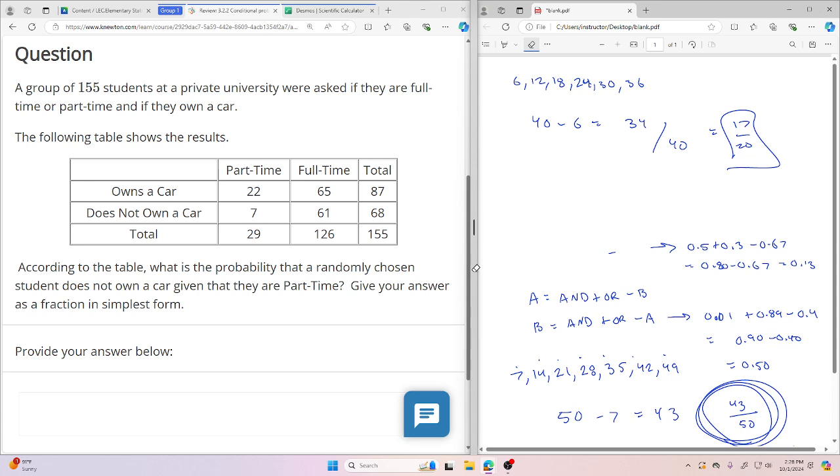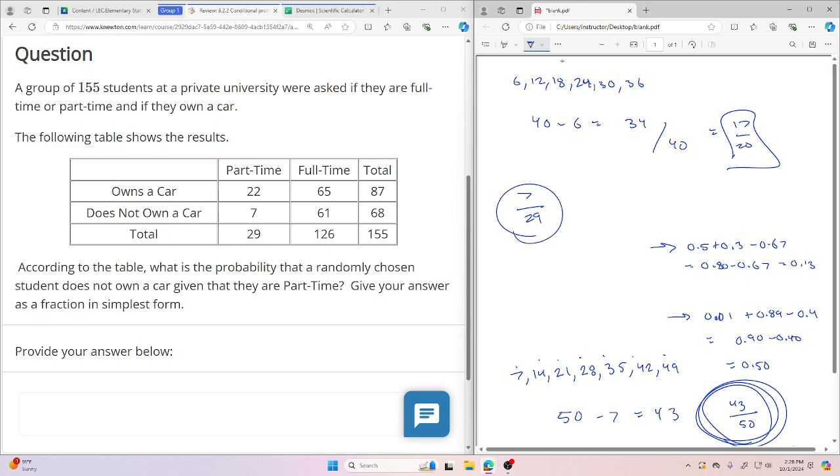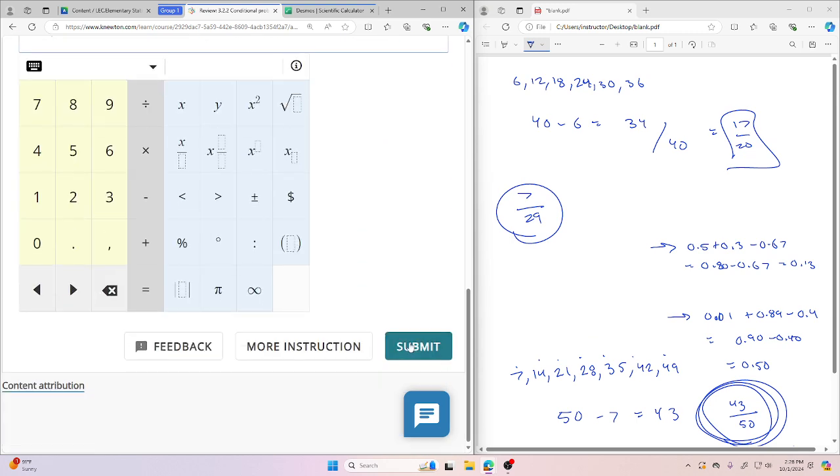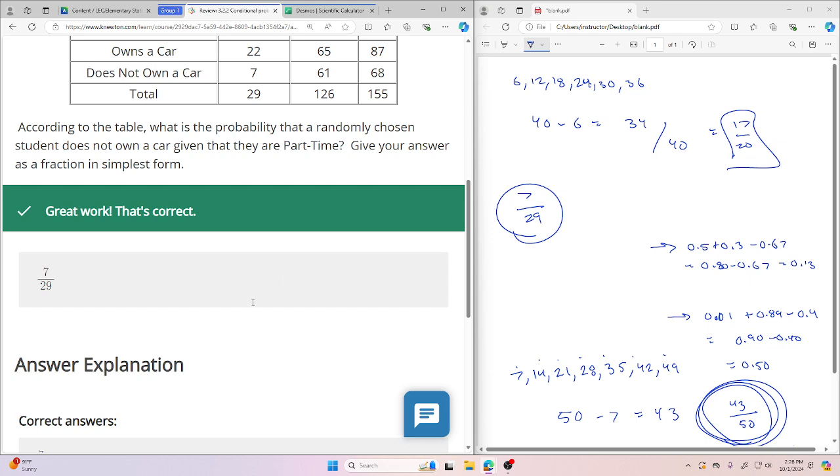So how many do not own a car? Out of? There it is. You got it. 7 out of the 29. I don't think that reduces. Okay, cool.